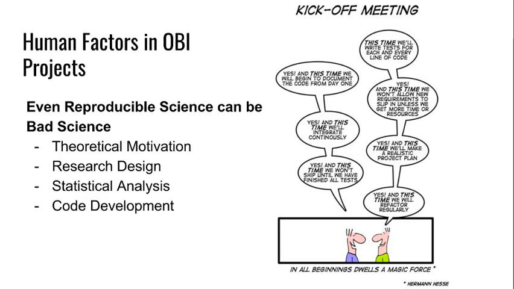Second, what is the research design that you've chosen to go with? Most of you aren't engaged directly in the data collection for these projects, but for you to think of research design in this setting, in some cases that's as simple as, is the hypothesis that I'm trying to test good for this data set, or vice versa? Is this data set good for the hypothesis I'm trying to test?